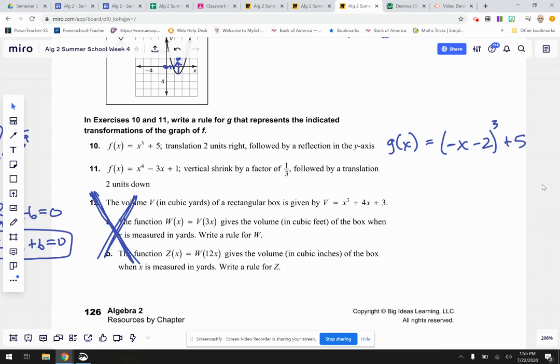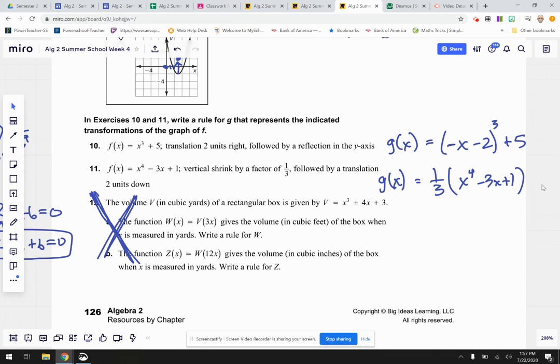Now let's see, the next one, they want us to take that function and do a vertical shrink. So you need to multiply the function by 1/3. So g of x is going to be 1/3 times your x to the 4th minus 3x plus 1.